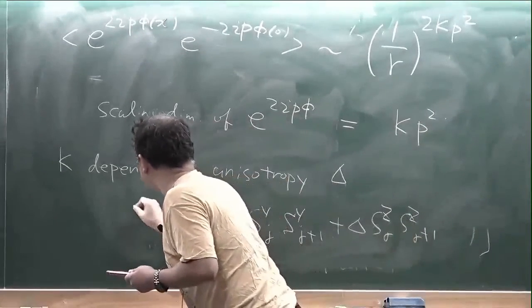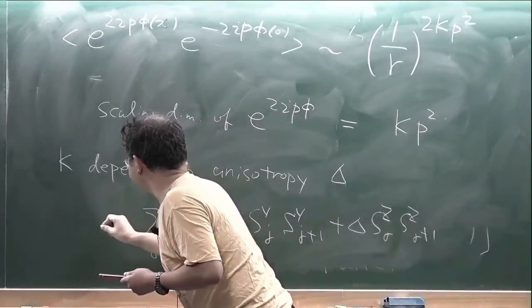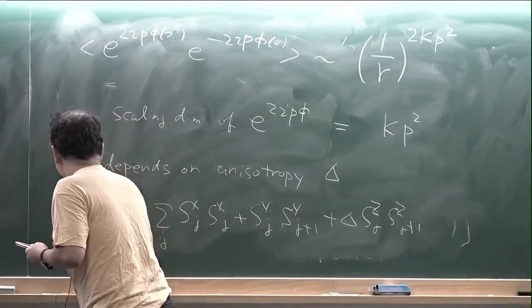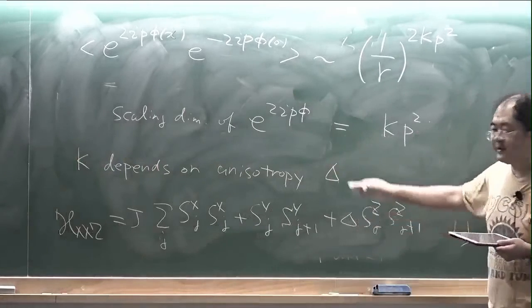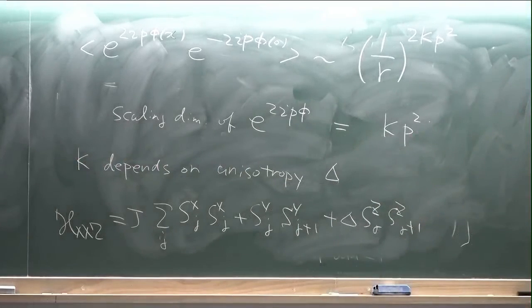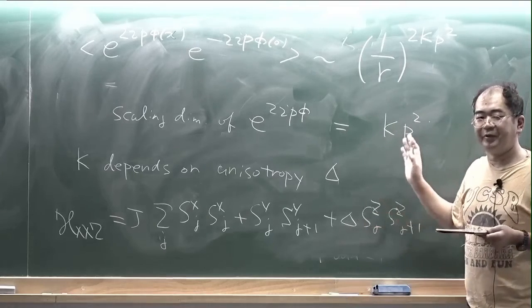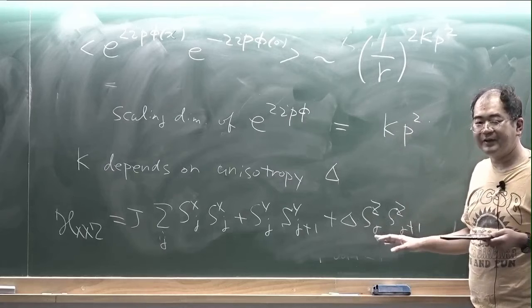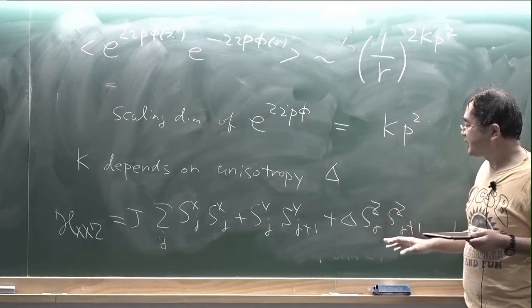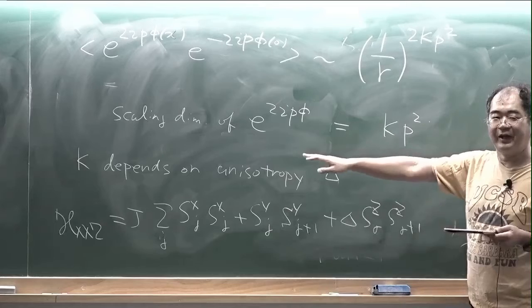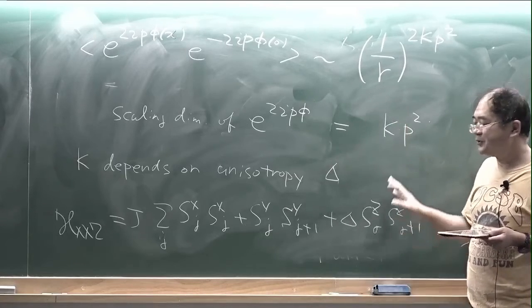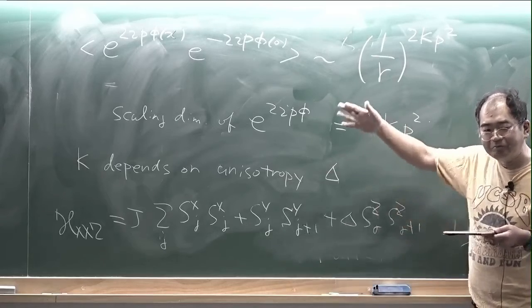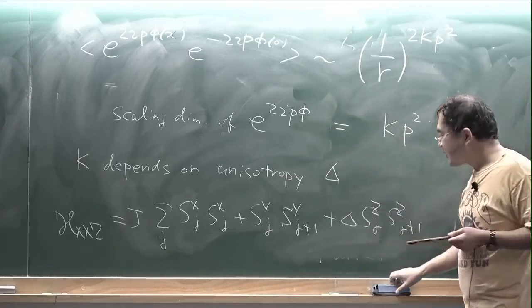So you can generalize the Hamiltonian like this. Then if you change Δ, you can expect this Luttinger parameter K changes as a function of Δ, which is generally complicated. For the spin-1/2 chain, as I mentioned yesterday, we know the exact expression of K as a function of Δ, thanks to the exact solution. But for general spin quantum number, we don't have an exact solution, but we can suppose there is some function.